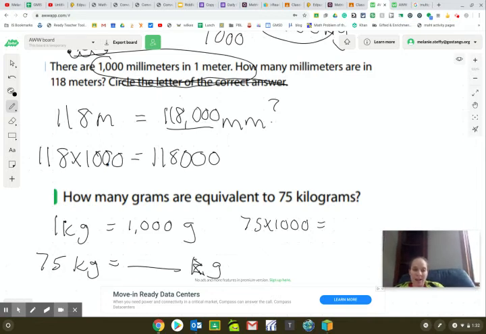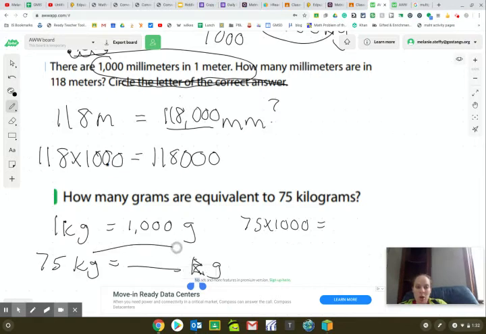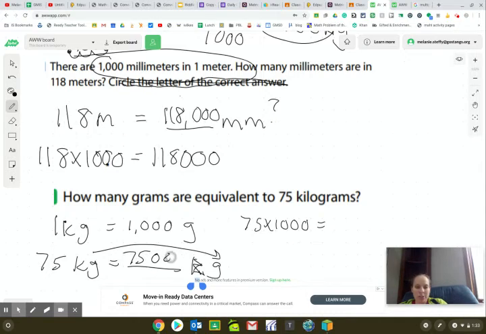Once again, since I'm going from a larger unit to a smaller unit, my answer is going to be getting bigger. So in this case, I do 75 times 1,000. Since it's a whole number, I can just attach 3 zeros. So 75 kilograms is equal to 75,000 grams.